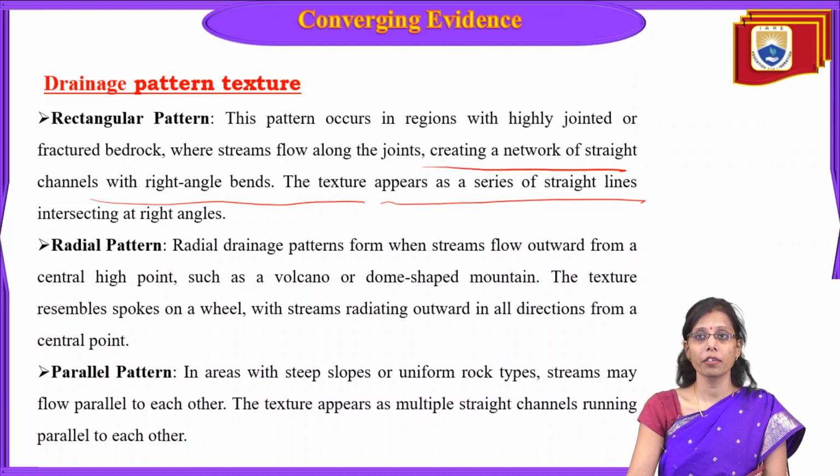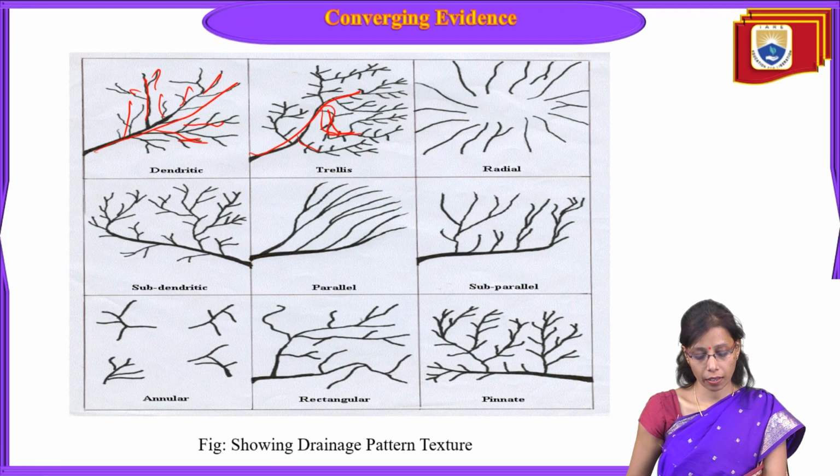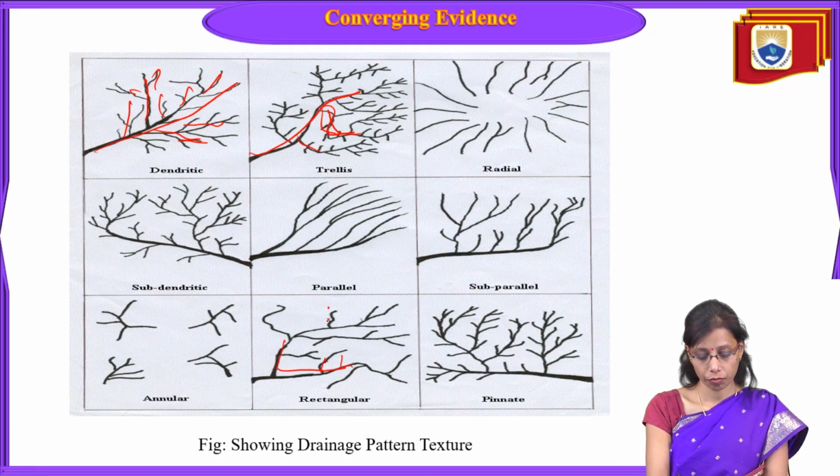Based on the topography, the texture of the drainage will change. This texture appears as a series of straight lines intersecting at right angles. I'll show you how this looks. So rectangular, it's like this.